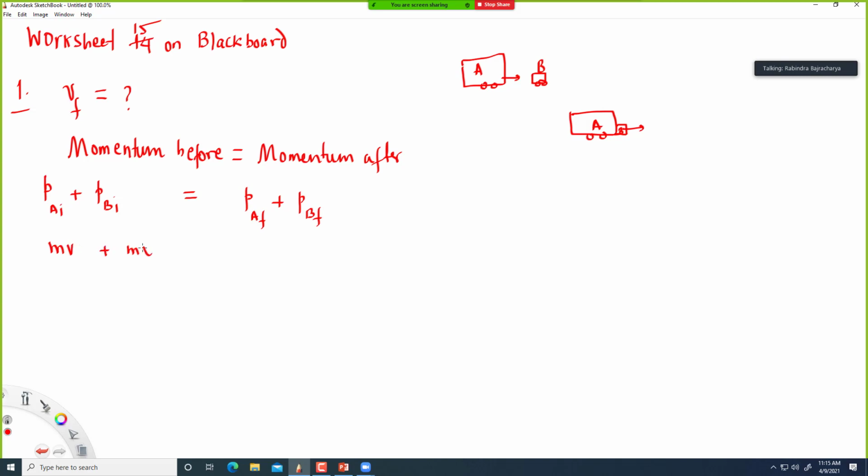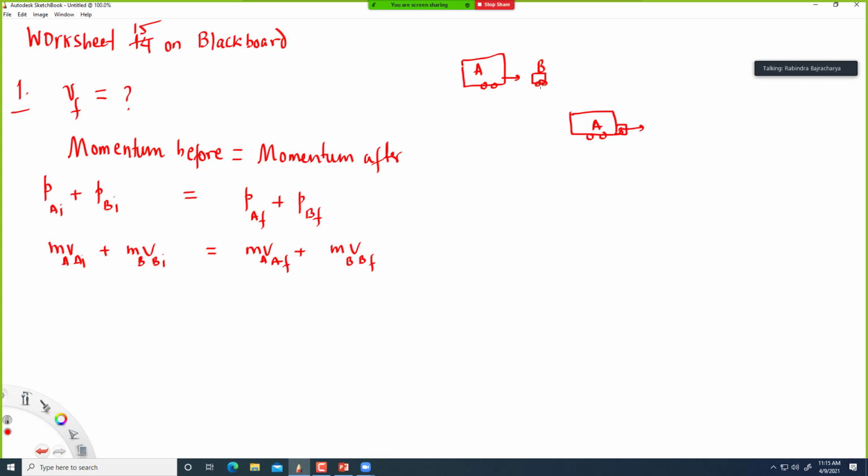This is mass of A, that's mass of B, velocity of A, velocity of B, initial and final. Okay, that's the conservation of momentum. You don't need to memorize the formula. I'm just showing you how you can get this formula from the conservation of momentum.